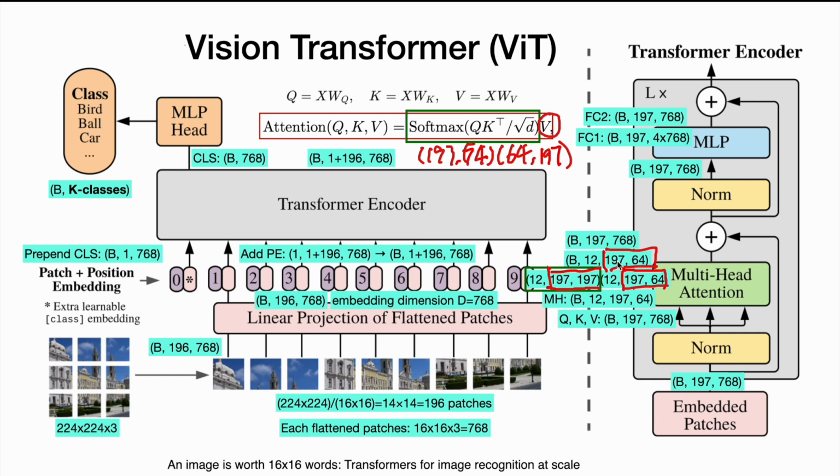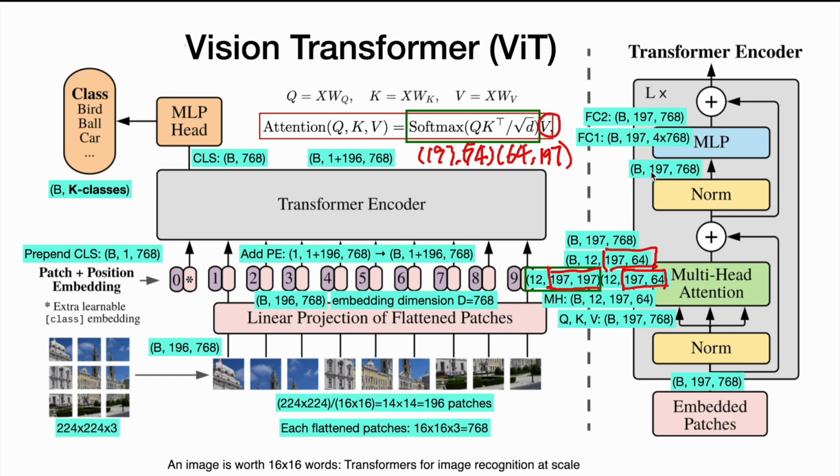After we get this, we merge it back into the feature dimension. 12 heads, each head has 64 features, then we merge it back to be 768 dimension features. Then, of course there is a residual connection, and we pass it through a normalization layer.